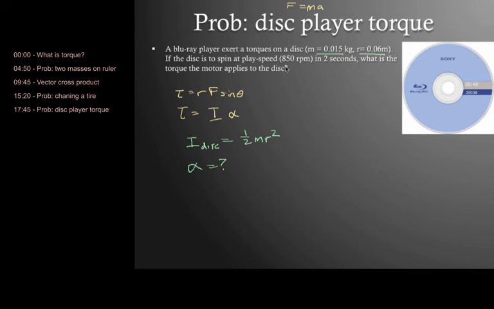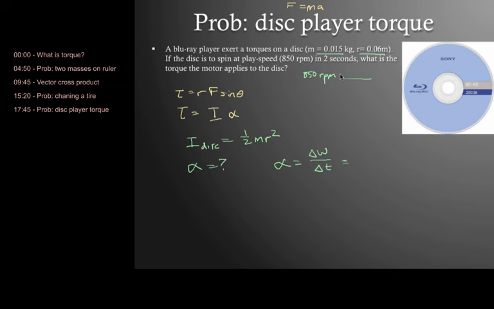The way that we can find alpha is, we can think about how the angular velocity changes. So here, omega final is going to be this 850. So let's convert this 850 RPMs into radians per second.